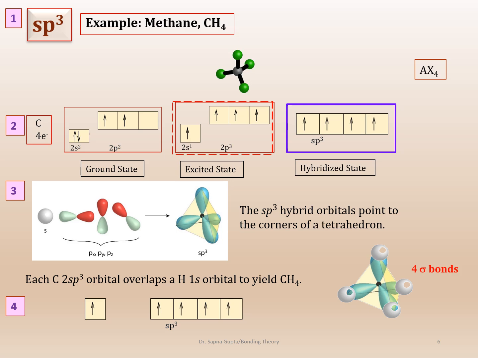Now, how do you see these orbitals? Different books will have different shapes for you, and I also draw slightly different shapes sometimes, so if you see it in a book, don't be confused. In sp3, you have 25% s character and 75% p character.